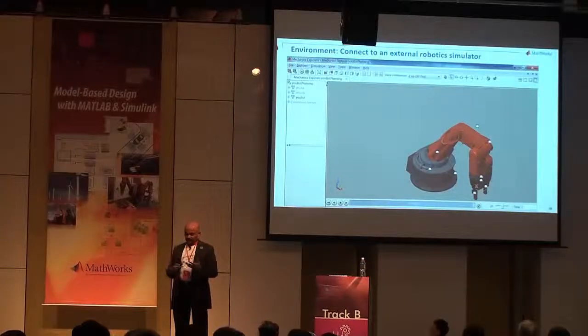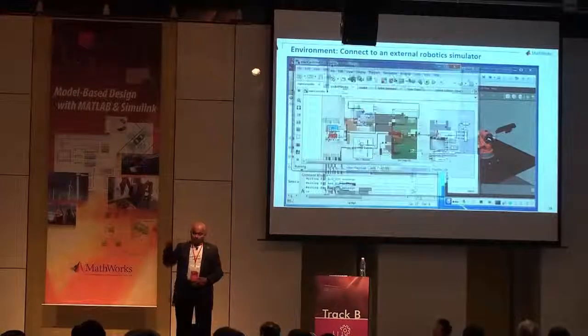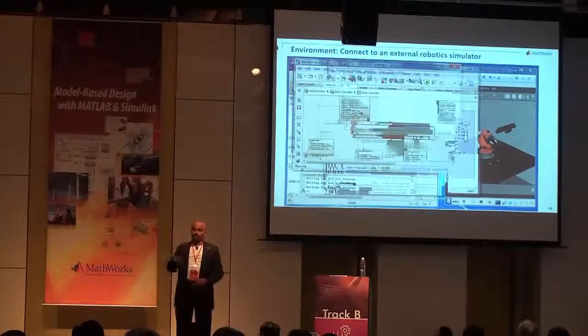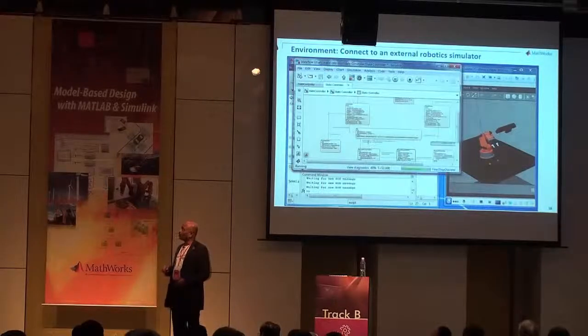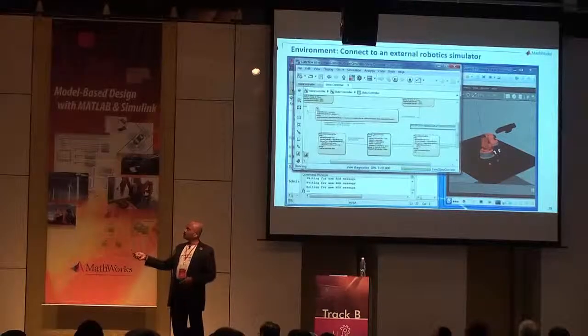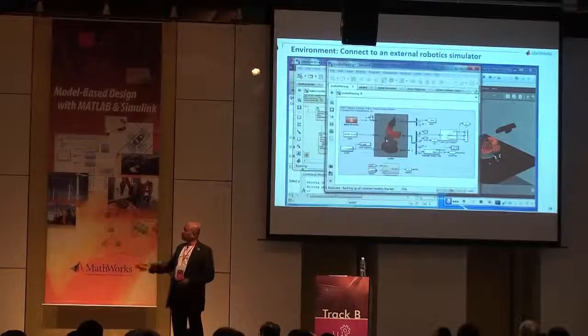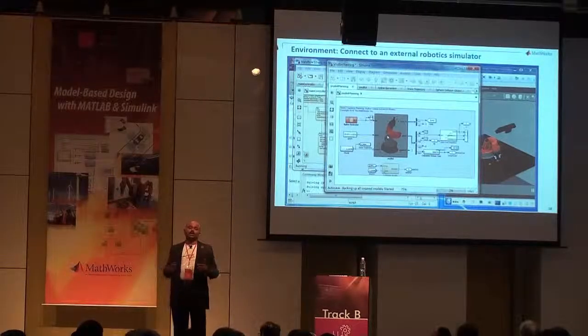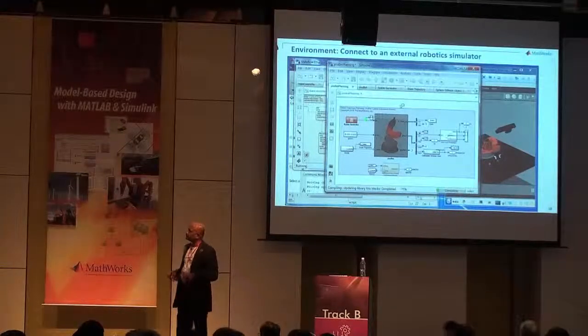All of those things you can interactively tune and optimize your overall system. Once again here, you see the Stateflow chart. It can tell you which state the controller is operating in right now. And this significantly enhances your ability to debug the system and make sure that there are no errors in the system. Okay?